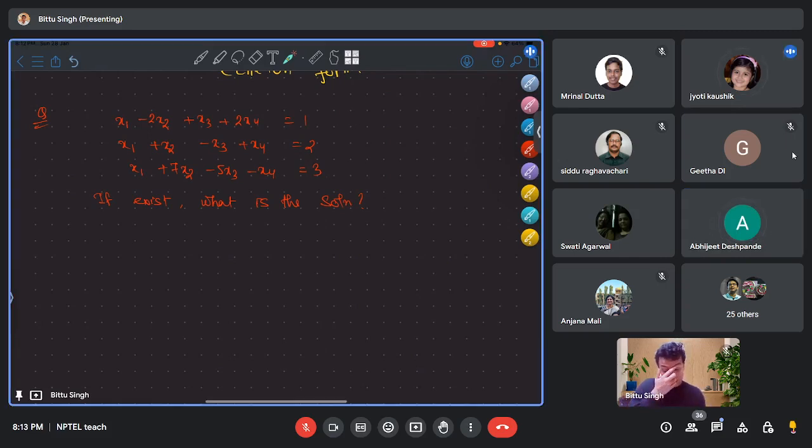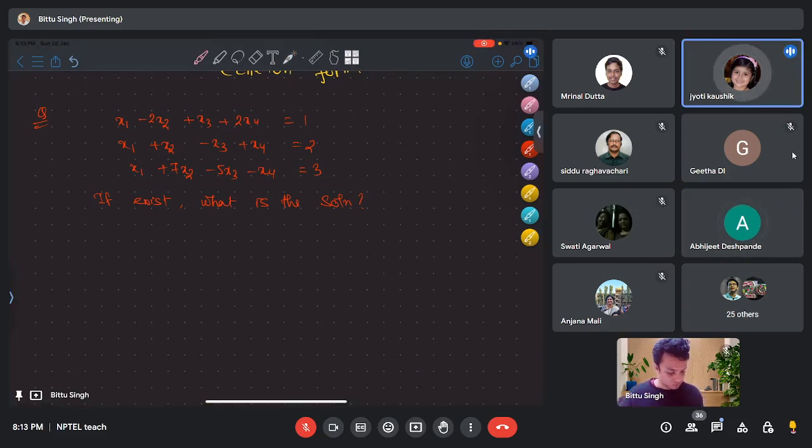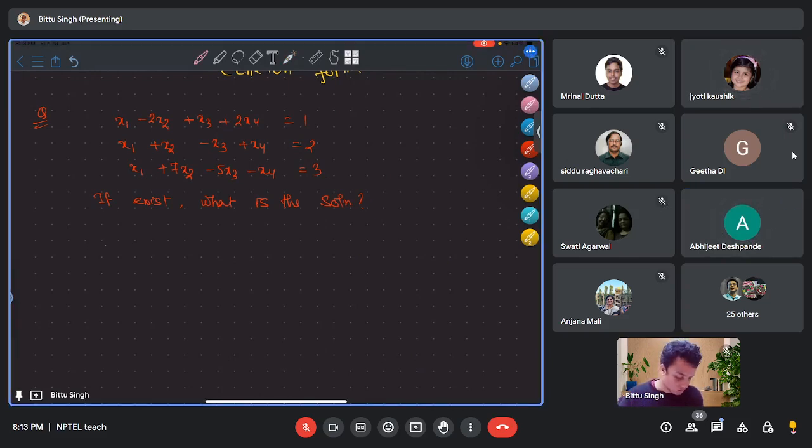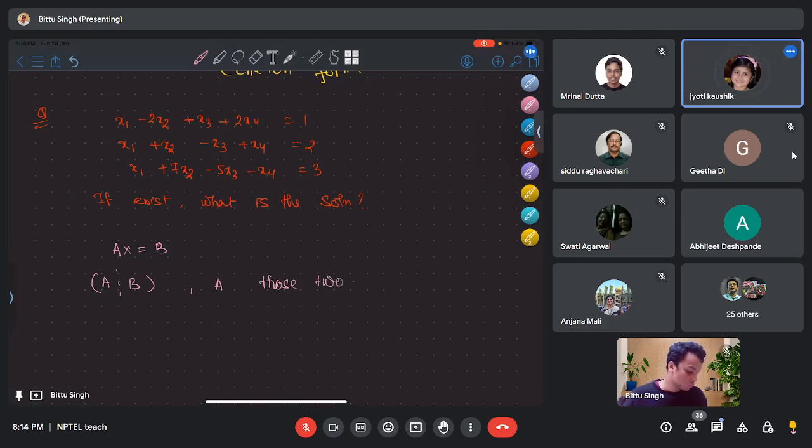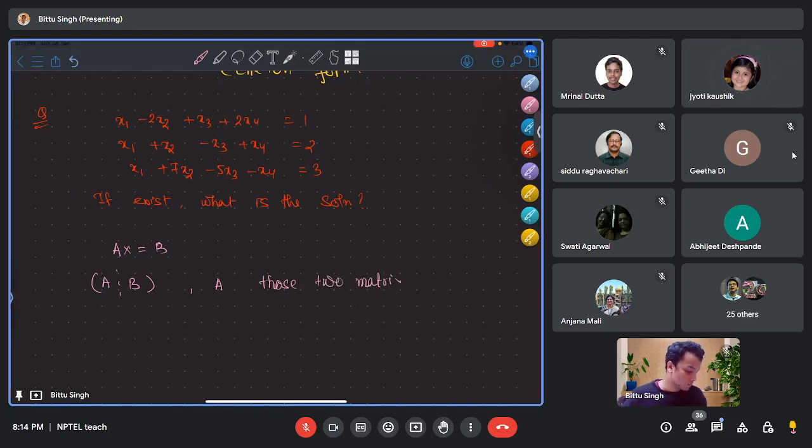Okay, so let us try to perform. So here is the augmented matrix, we will check. So this is Ax equal to B. This augmented matrix, that is AB, and the given matrix, which is A, those two matrices have the same rank.